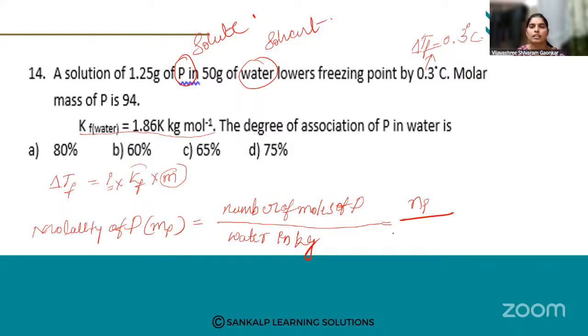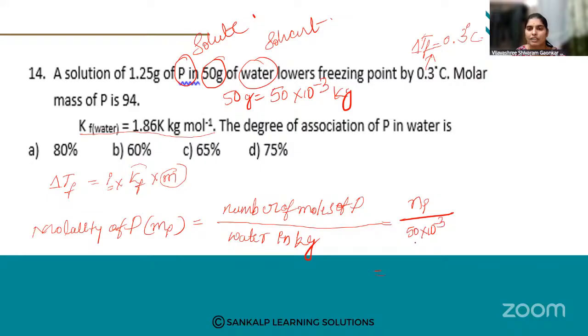Water in kg means how much, children? Look here, 50 gram of water, when converted into kg, how much is it? 50 gram is equal to 50 into 10 to the power minus 3 kg. So NP divided by 50 into 10 to the power minus 3.